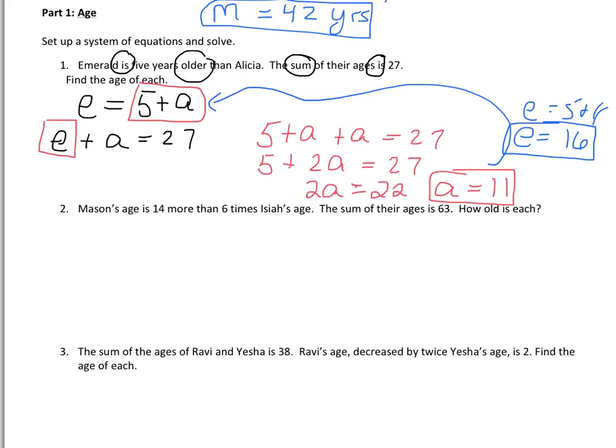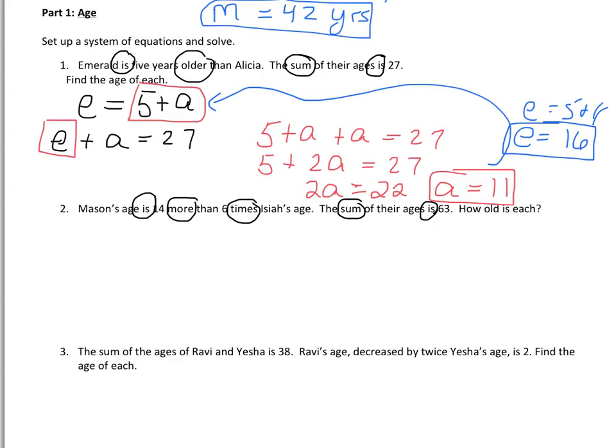Alright, next age problem. Mason's age is 14 more than 6 times Isaiah's age. The sum is 63. How old is each?